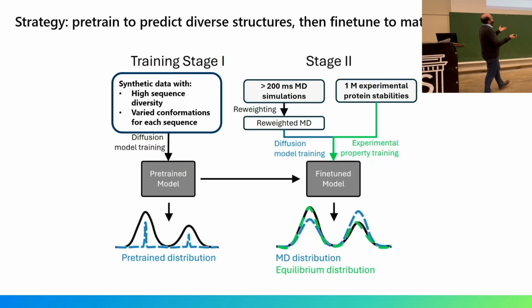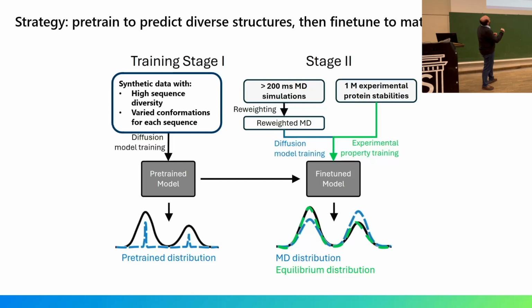And then in the second stage, we would use 3D molecular dynamics data to get these distributions a little bit more physical, to fill in the space of protein conformations. And then we also added these additional loss terms in order to really bias it towards experiment. So to give this approximately correct distribution the last shift necessary.